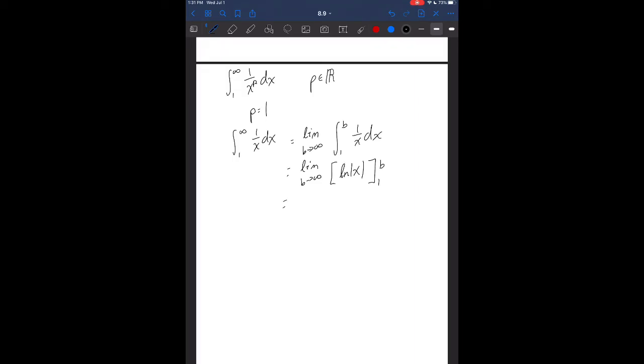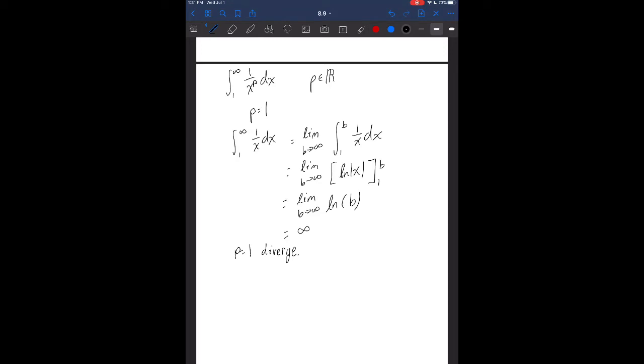Natural log of 1 is 0, so we get the limit as b goes to infinity of the natural log of b. And as we talked about before when we dealt with 1 over x previously, this limit is going to go all the way up to infinity. So this is infinity, and so for p equal to 1, it is going to diverge.